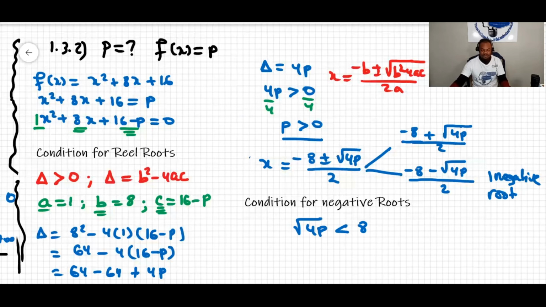And then if we raise both sides to the power of 2, this will be 4p lesser than 64.